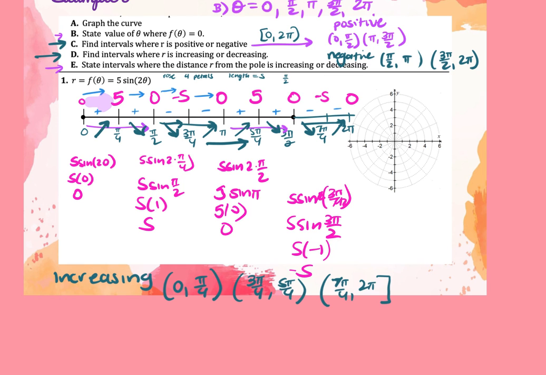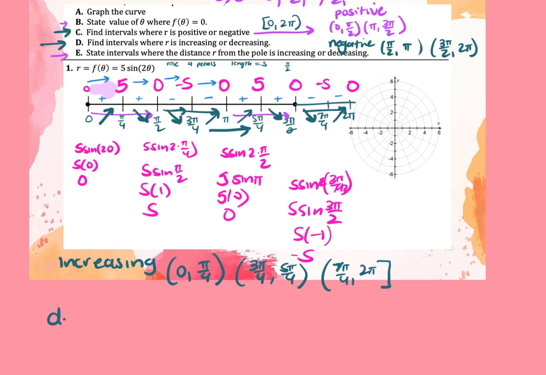It would be decreasing here from pi over 4 to pi over 2, and then it keeps going, so to 3 pi over 4. Here to here, 5 pi over 4 to 7 pi over 4.